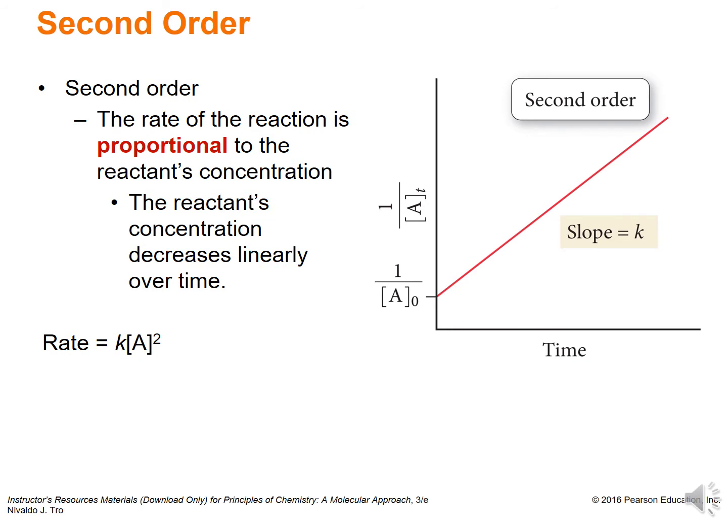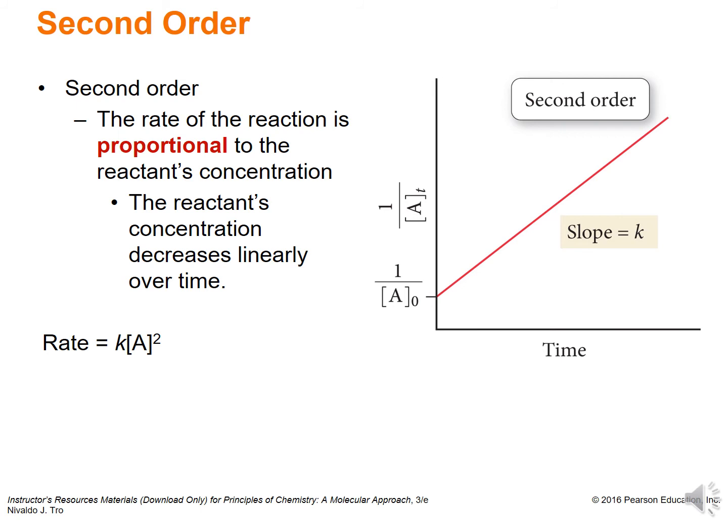All right, the last order we'll talk about explicitly here in our course is second order. So in second order reactions, the rate of the reaction is proportional to the square of the reactant's concentration. The reactant's concentration again decreases over time, and here we see that slope equals k behavior. And notice now we've plotted 1 over A rather than plain old A like we did in the first case, or last case.